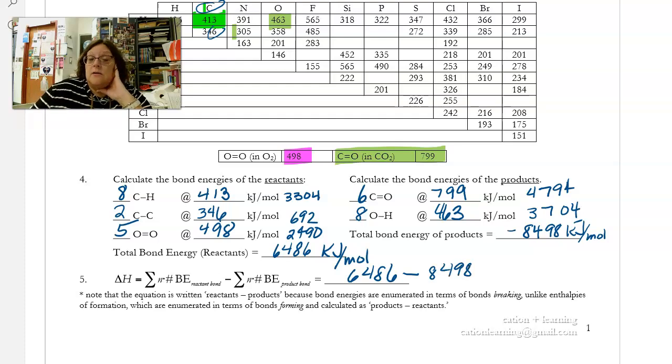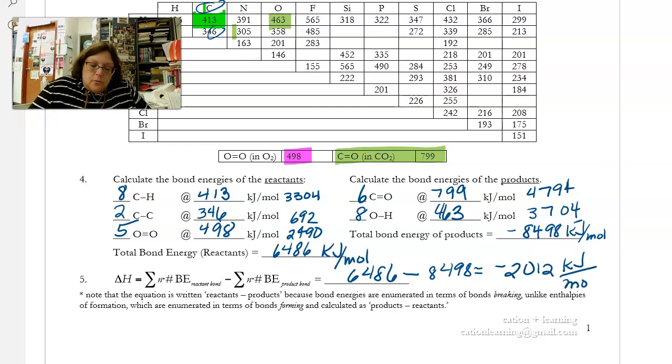But we're not adding it, we're subtracting it because they're exothermic, they're giving off energy. When we take 6486 minus 8498, we get negative 2012 kilojoules per mole for that reaction.